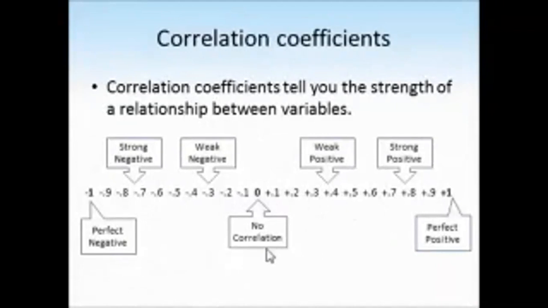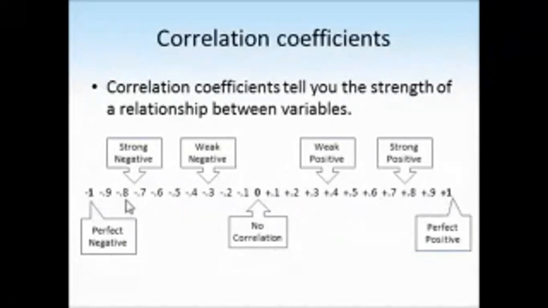If the correlation coefficient is 0 or close to 0, it means that there's either no correlation or a very, very weak correlation, a very weak relationship between those. The closer to 1 on either end, the stronger the relationship, and the minus or the plus sign tells us if that's a negative relationship or a positive relationship.